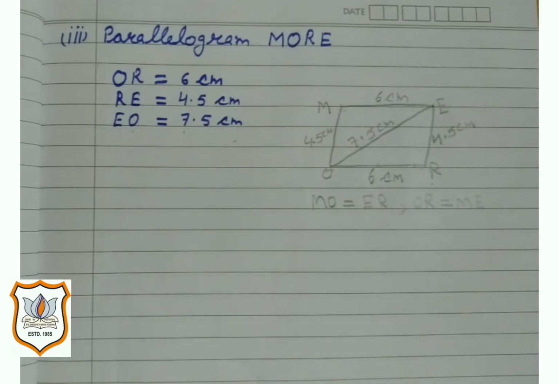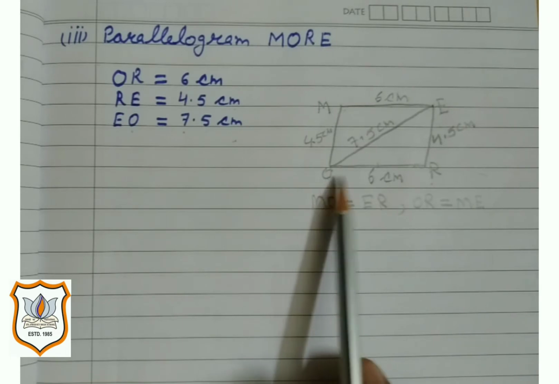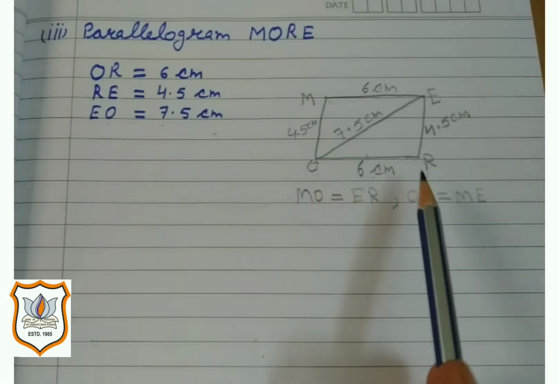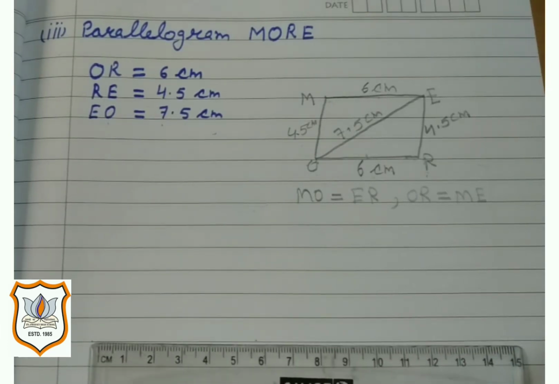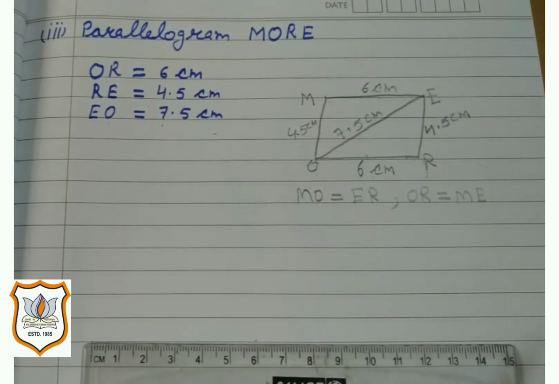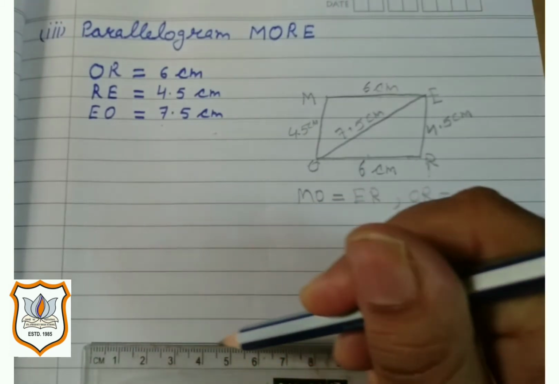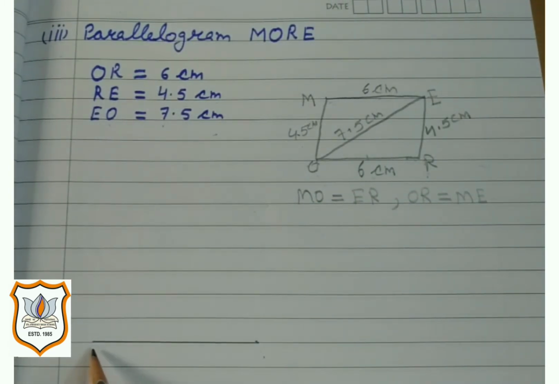Now we draw the base of this parallelogram. Base is OR. Now we will draw OR. OR is 6 centimeter. So we draw a line segment of 6 centimeter. This is 6 centimeter and this is OR.